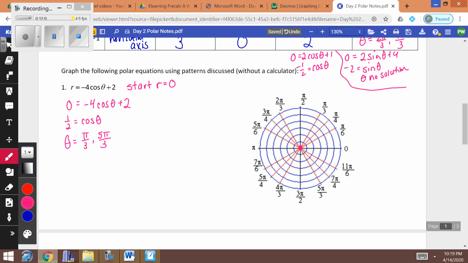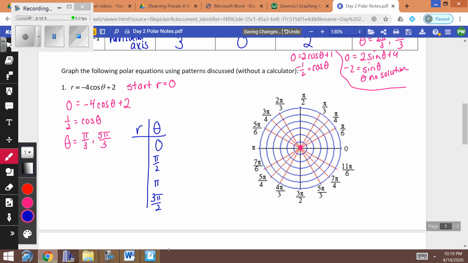So I like to think about what we did the other day when we were graphing our circles. Let's think about the theta values at 0, at pi over 2, at pi, and 3 pi over 2. So I'm going to make a little table for us just so we know where our numbers are coming from. Sometimes it gets a little overwhelming on these. So I'm going to do 0, pi over 2, pi, and 3 pi over 2.